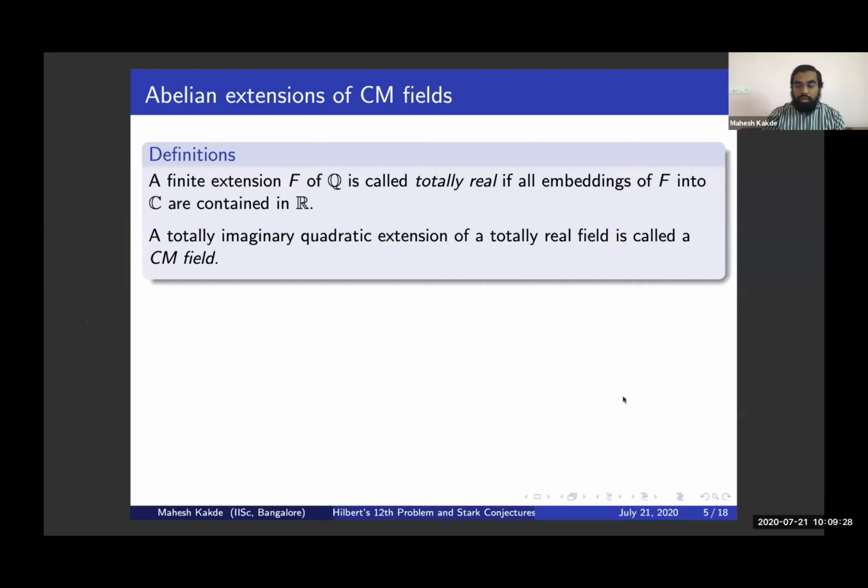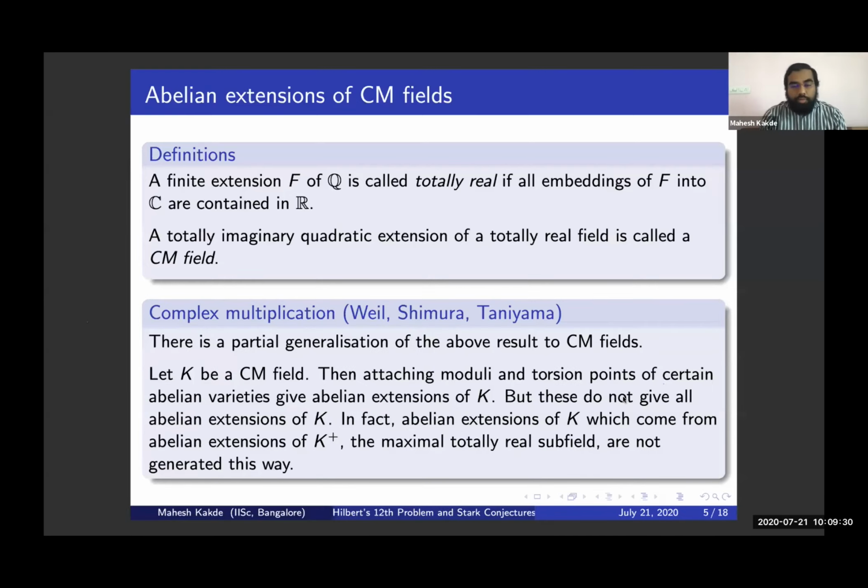Then Shimura and Taniyama, using their theory of complex multiplication, constructed abelian extensions of CM fields. So just like in the case of an imaginary quadratic field, where you used elliptic curves, they used abelian varieties with complex multiplication.